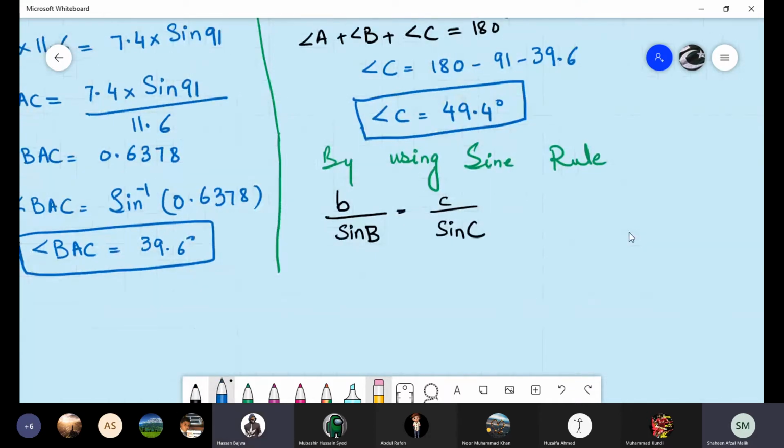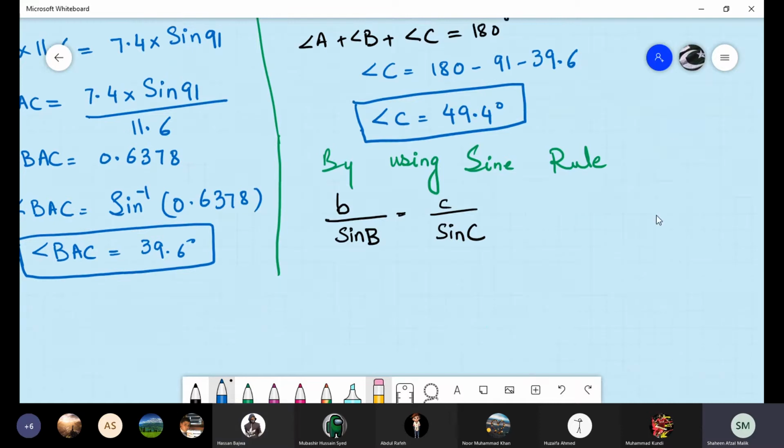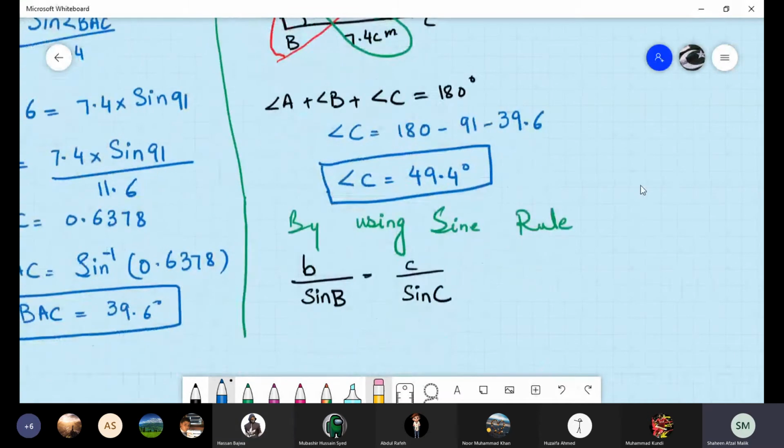Side B is 11.6. So it is 11.6 over sine 91 degrees is equal to C over sine 49.4 degrees.